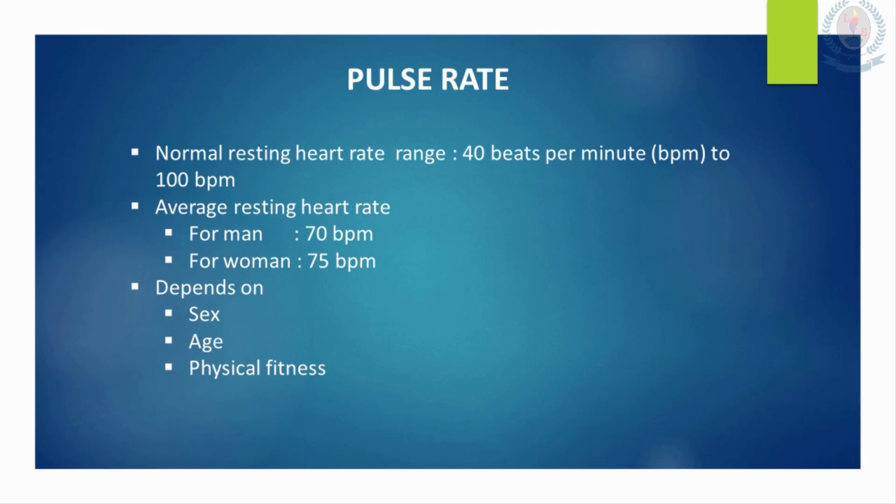The normal resting heart rate range is 40 beats per minute to 100 beats per minute. The average resting heart rate for a man is about 70 beats per minute, and for a woman it is 75 beats per minute. The pulse rate depends on sex, age and physical fitness.